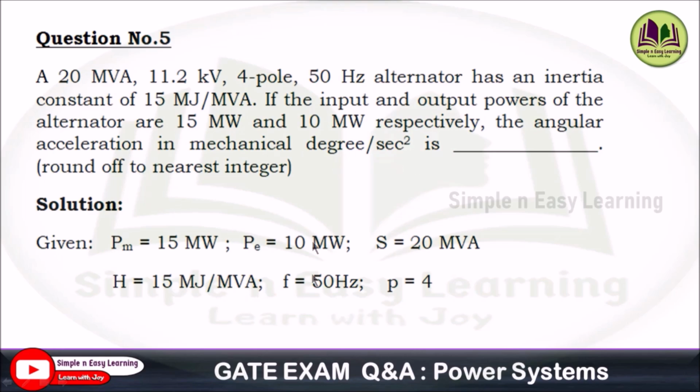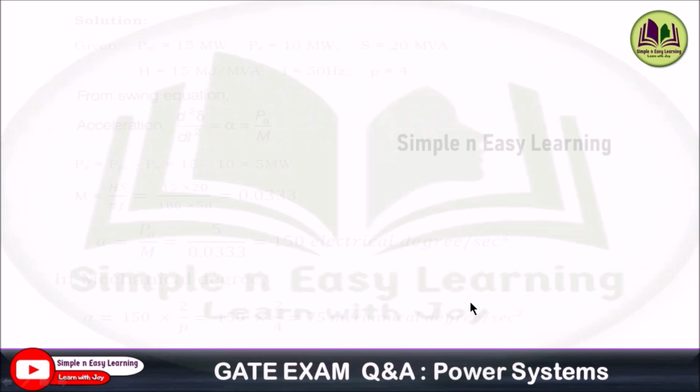Solution. The given data is: Pm, the mechanical power, equal to 15 megawatt, electrical power Pe equal to 10 megawatt, the machine rating of the alternator S equal to 20 MVA, the inertia constant H equal to 15 megajoule per MVA, frequency 50 Hz and number of poles 4.